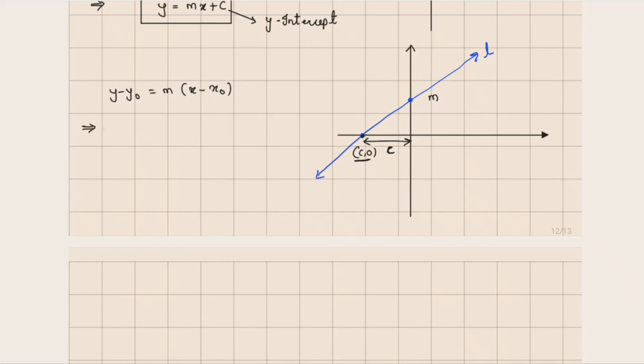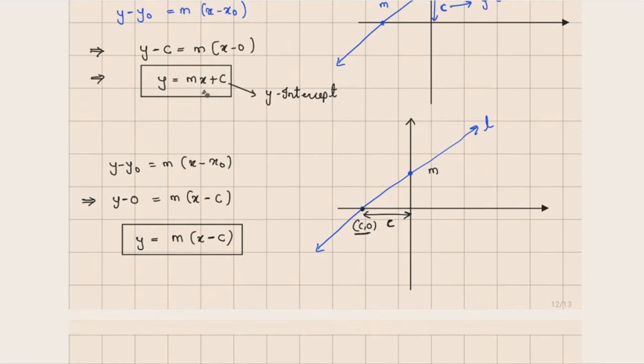That implies y minus 0 equal to m into x minus c, which gives y equal to m into x minus c. So this is the equation of the line when the slope and the x-intercept are given, whereas y equal to mx plus c is the equation when slope and y-intercept are given, where c is the y-intercept there, and here c is the x-intercept.